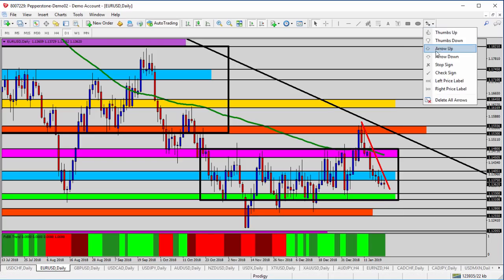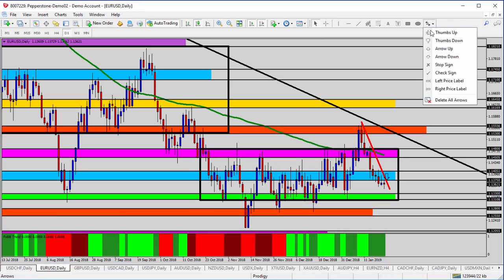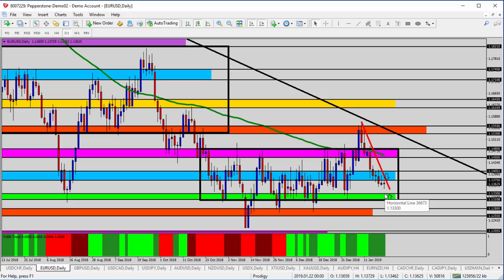If it stays underneath there, and let's go with all the if-thens, if it stays underneath 1.1375 today, then we may expect the continuation of the fall down to the green zone, which is 1.1330, 1.1310. That's not too hard to see. That's what the market's been doing over the past couple of weeks, so we wouldn't expect anything really different here.